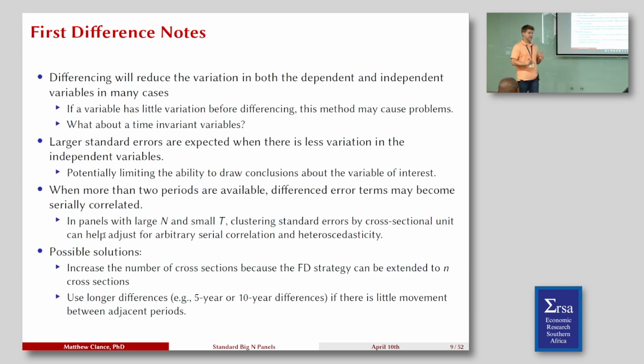Okay? It also gives a lot more time to get those bigger changes, and we might not reduce the amount of variation as much. Okay? So we use this in trade. There have been some papers recently that show it doesn't really matter anymore because of all the fixed effects we use for international trade.